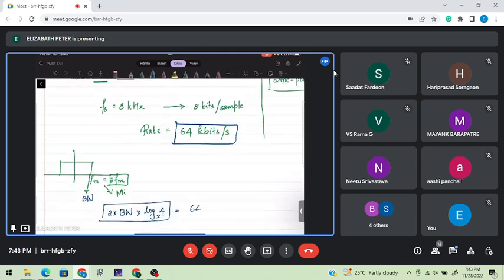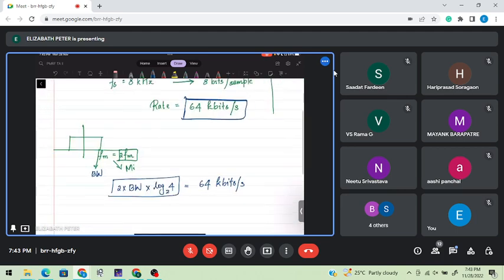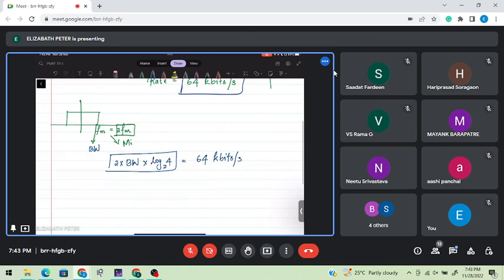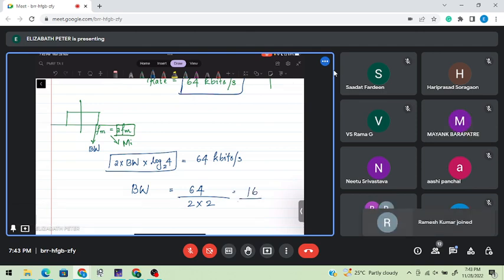This rate is actually 64 kilobits per second. Okay. Is that clear? Yes. So bandwidth will be what? 64 by 2 into 2, which is 60 kilohertz.